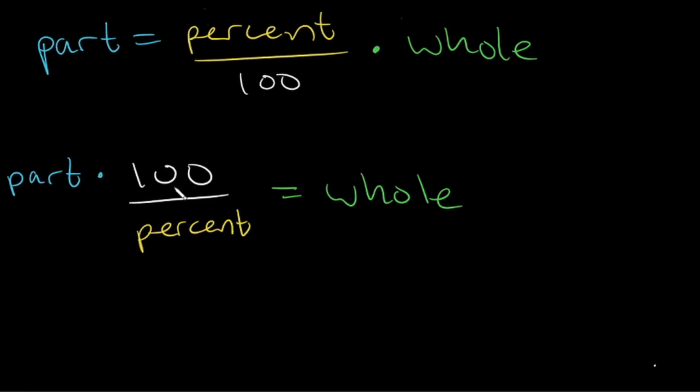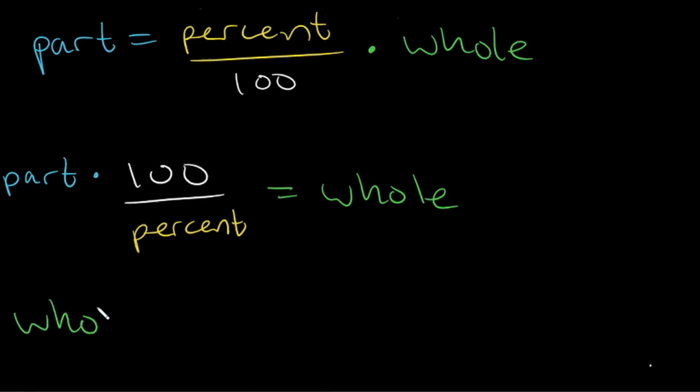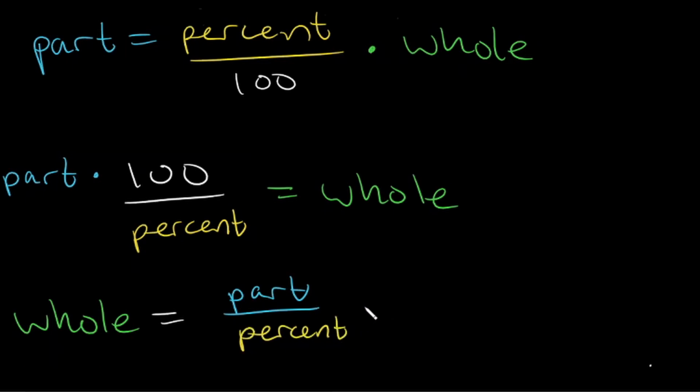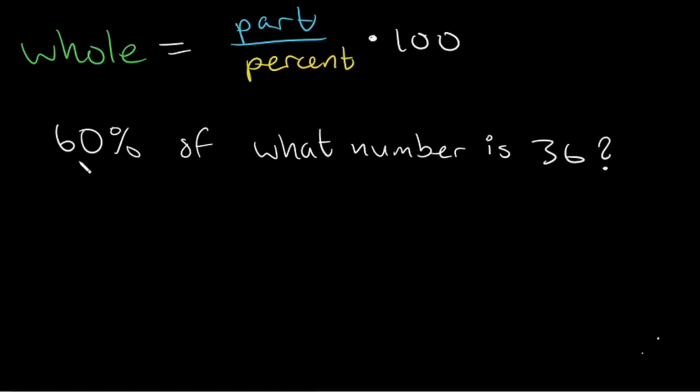If we simplify this a little bit, we can move our percent over, and we will get whole is equal to part over percent multiplied by 100.